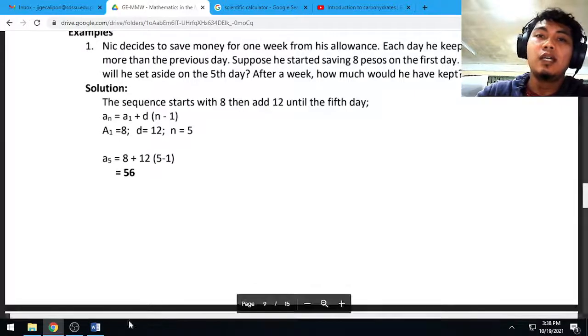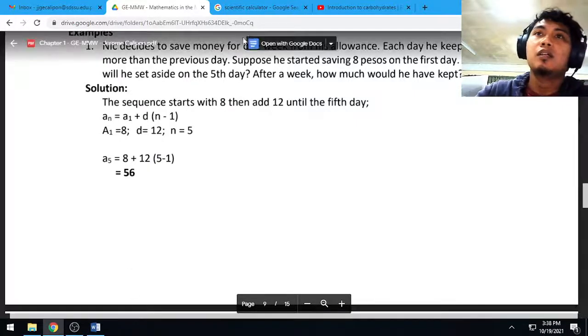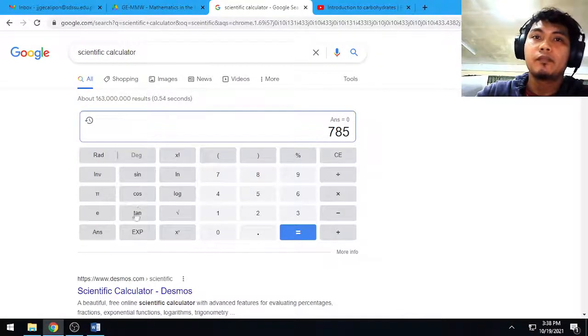Kung ilalagay natin sa ating calculator, ganito lang yan: 8 plus 12 times 5 minus 1.